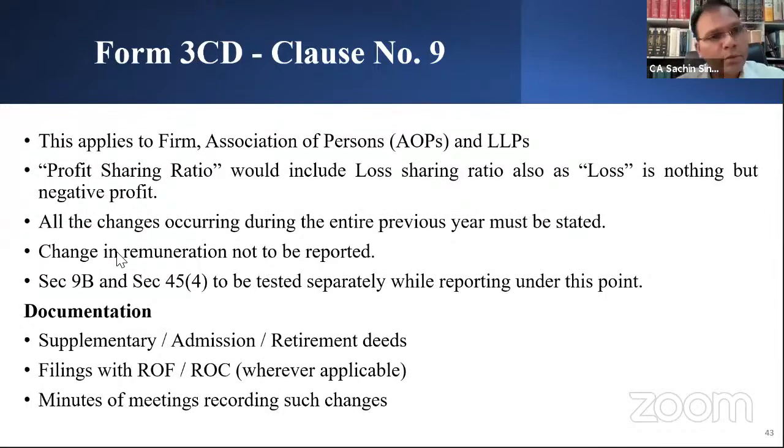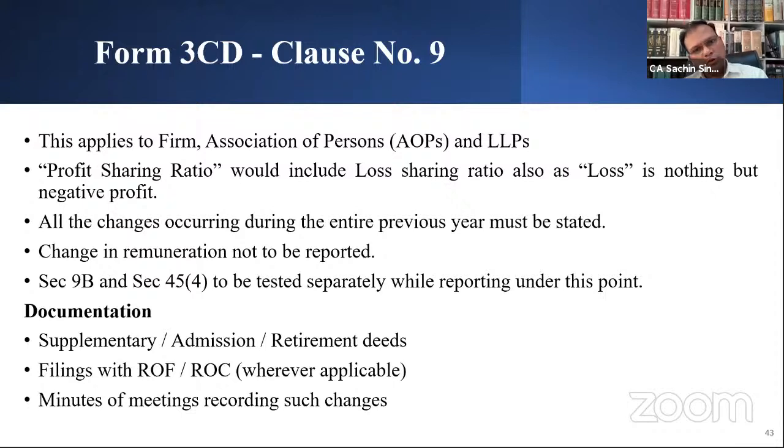Come to the next important point, clause number 9. This clause basically asks whether, if it is a firm, AOP or BOI, there is any change in profit sharing ratio. If yes, is there any change occurring during the previous year? If yes, change in remuneration not to be reported.